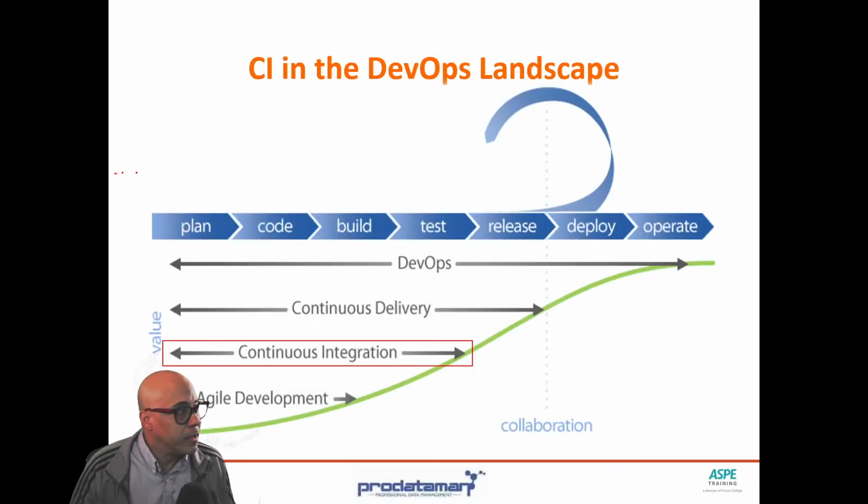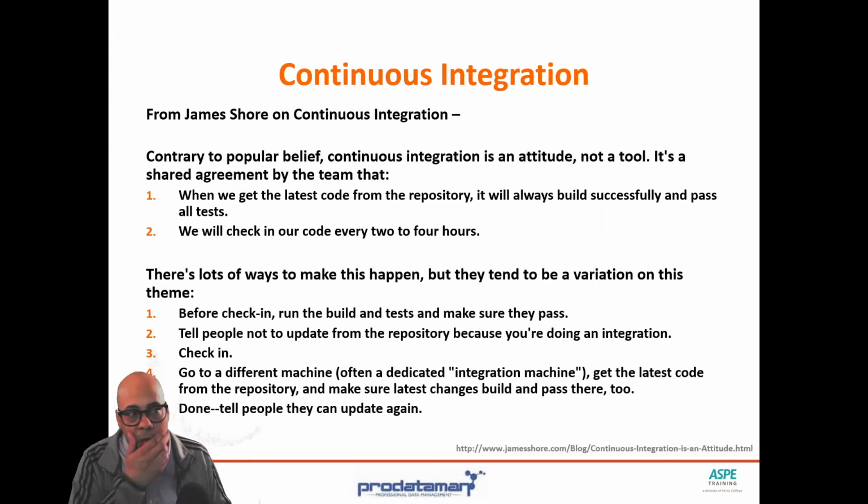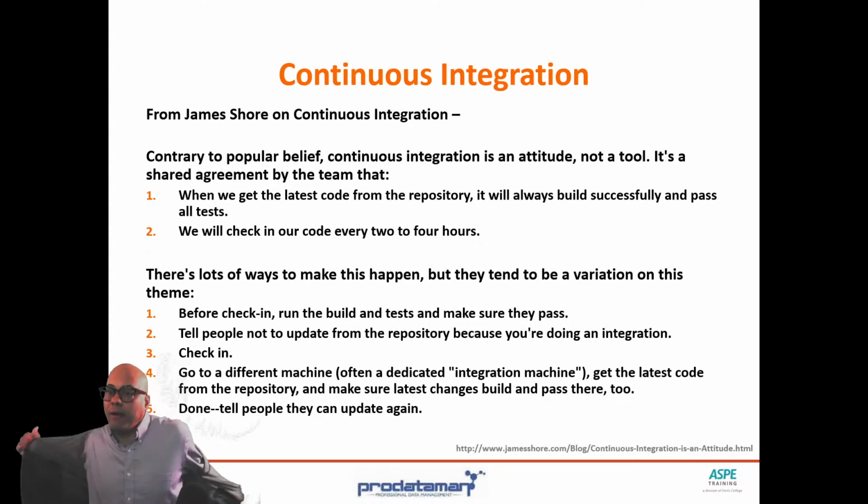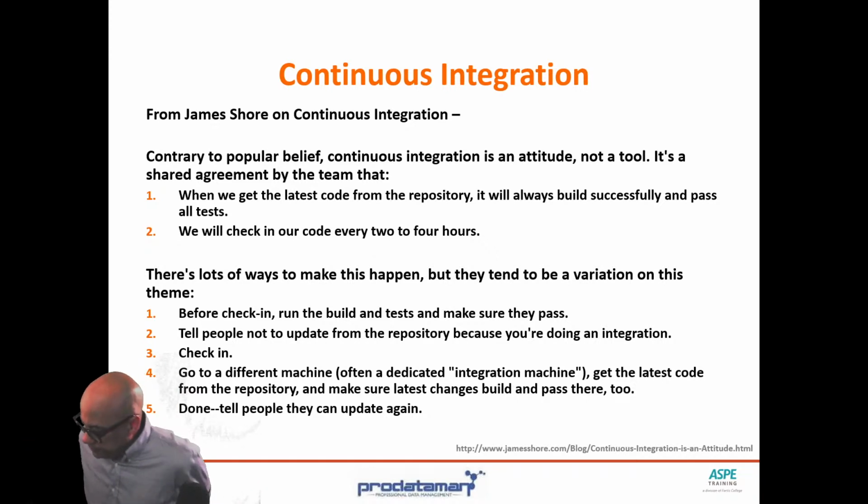All right. So now what we are going to do is jump into this continuous integration stuff, because we want to make sure that on every commit of our code to version control, we get a proper compile and test run.